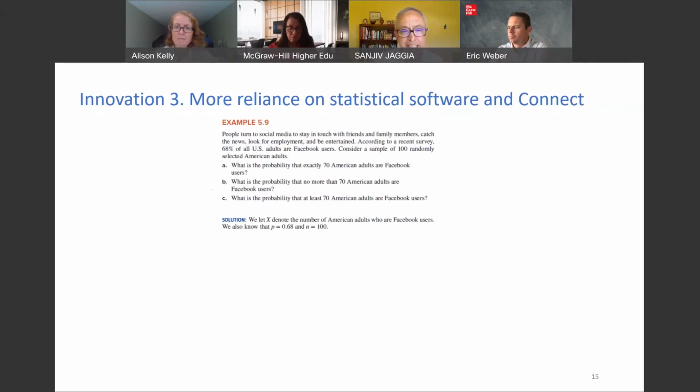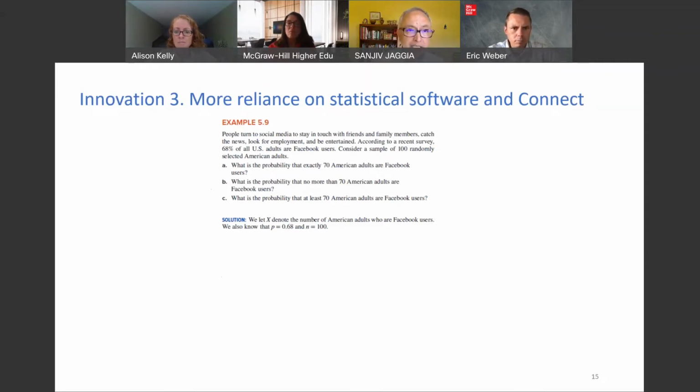So this is just an example where we are now using technology. By technology here, I mean Excel and R to solve problems. And once we do that, we have a little bit more time to really fully understand what the question is all about, to understand these distributions more intuitively, because once we've got that, solving a problem in Excel and R is really not that difficult.